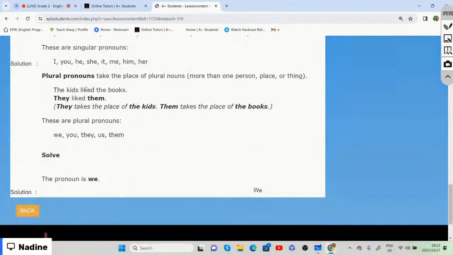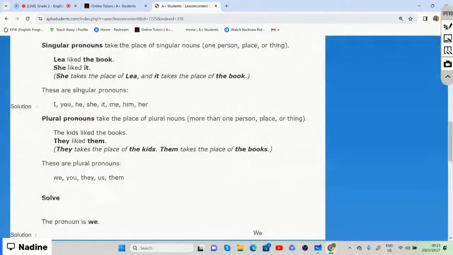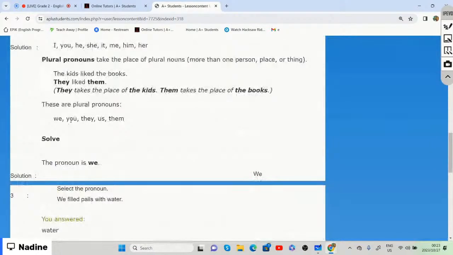When it comes to a pronoun, it replaces the noun. The noun can be Leah, or whichever name, and once we replace that name, we replace it with a pronoun. Instead of saying Leah, we can say she. Instead of saying John, we can say he. Instead of saying apple, we can say it, for example.